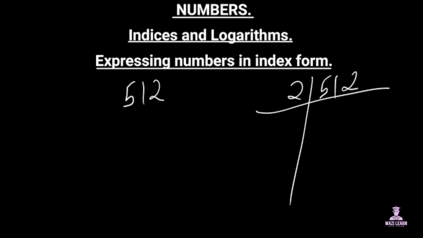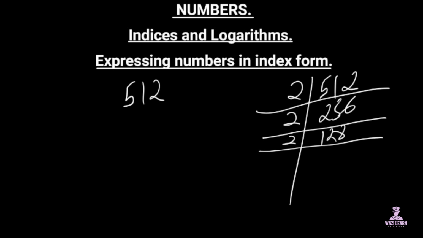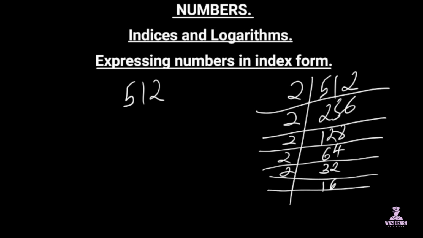So divide by 2 will be 256. Divide by 2, 128. Divide by 2, you'll get 64. Divide by 2 again, you'll get 32. Divide by 2, you'll get 16. Then here is 8. Divide by 2, 4. Divide by 2, you'll get 2.